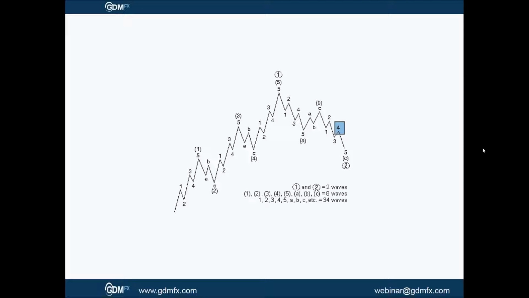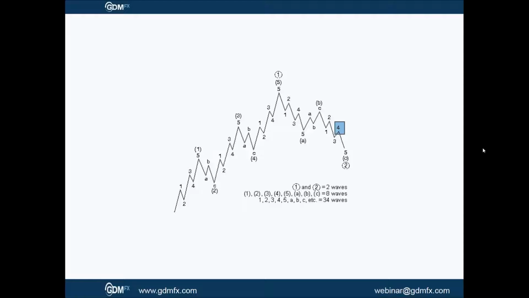This construction discloses a crucial point, that impulsive waves do not always point upward, as we mentioned, and corrective waves do not always point downward. It really depends on the trend. The mode of a wave is greatly determined not by its absolute direction, but by its relative direction.